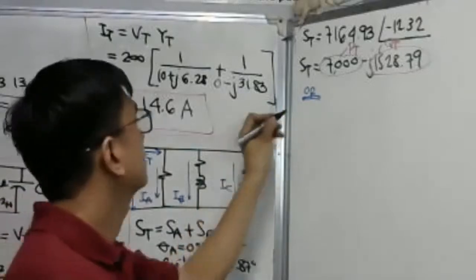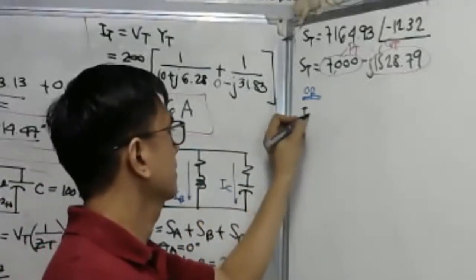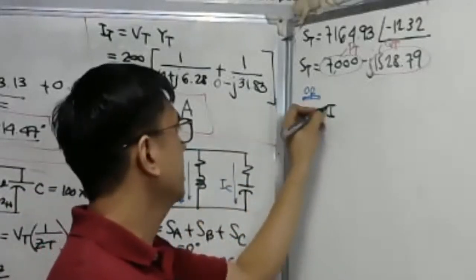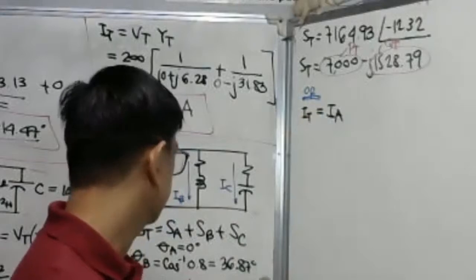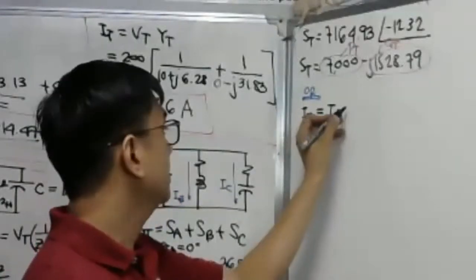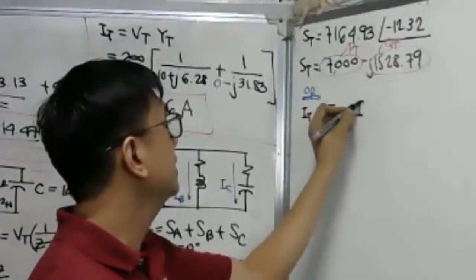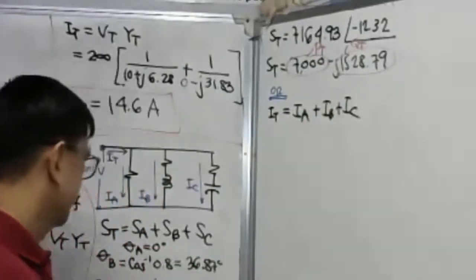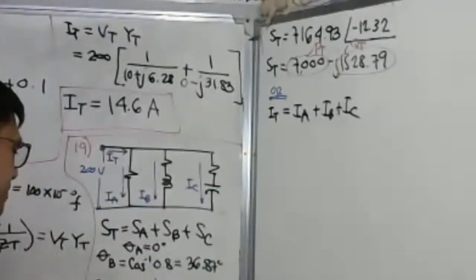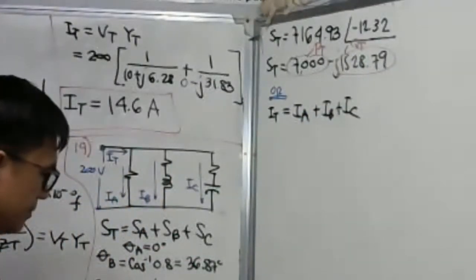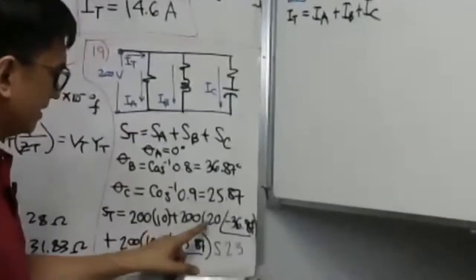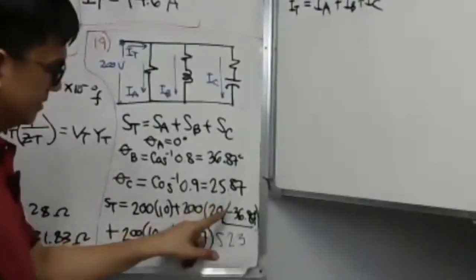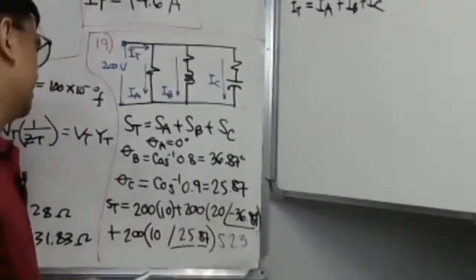Our I total is equal to IA, because that is already given, plus IB plus IC. Actually, yung IA natin, andito na siya, 10 ampere. Then yung IB natin is 20 bar angle negative 36.87.